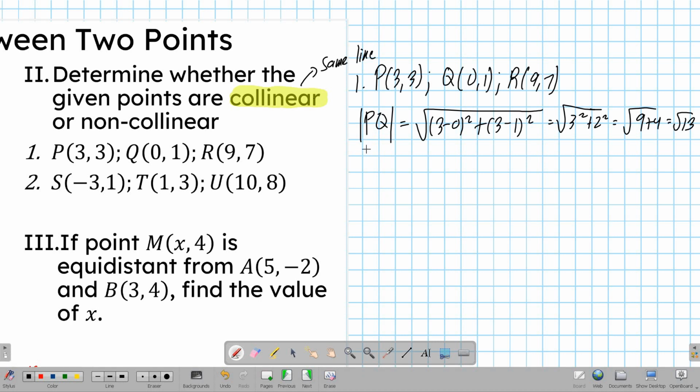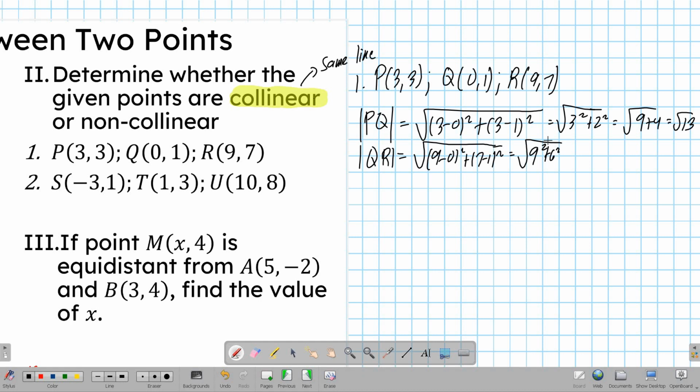Now, we have line segment QR. Again, there are no matching coordinates, so we can directly use the distance formula. We can have the square root of 9 minus 0 squared plus 7 minus 1 squared. So therefore, I'm going to have 9 squared plus 6 squared, because that's 9 minus 0 and 7 minus 1.